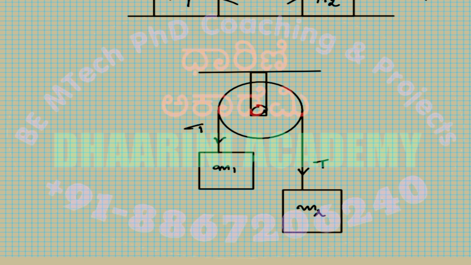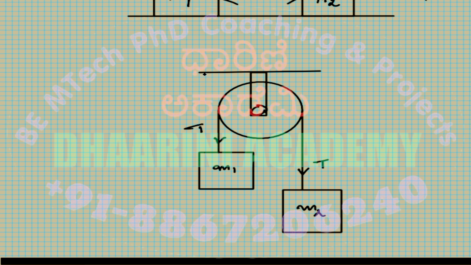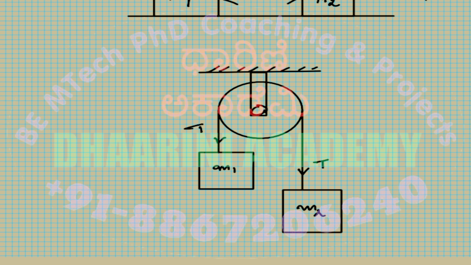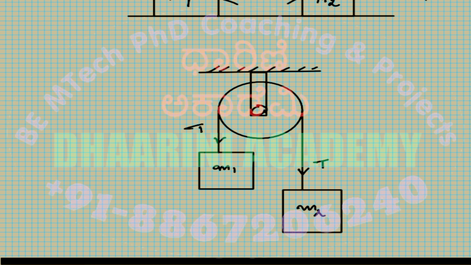So that's all. Again, there will be an acceleration, etc. coming into the picture. That's fine. You can consider that at a later stage. As of now, our intention is just to learn the type of force. All right. If at all it is a spring, right? We have another equation. Force is equal to k into x. Okay, x is the distance traveled. Anyway, that will come later. Right now I don't want to.